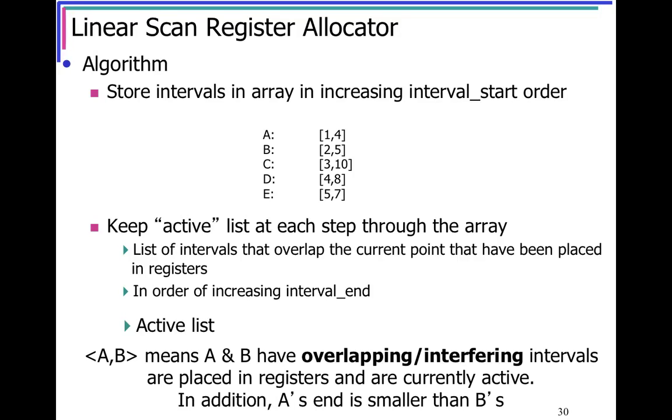This active list is ordered from smallest to greatest live range end. So in this case, <A, B> represents the fact that A and B are both active, that is, they're both in registers, and B's live range will end after A's.